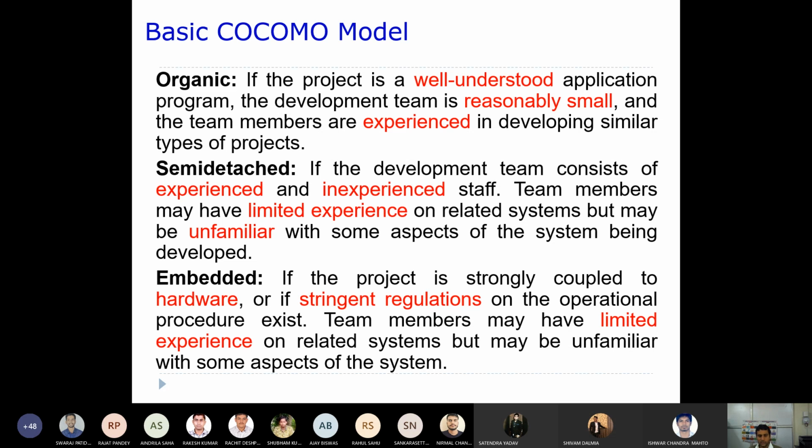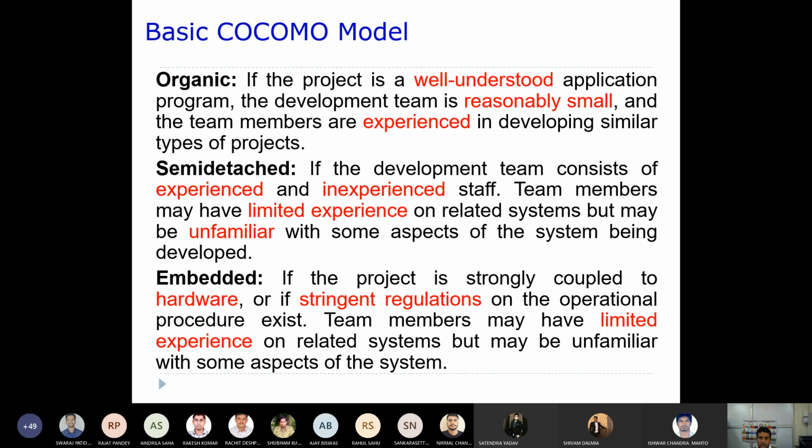Here the team members may have very limited experience, and some may be totally unfamiliar with some aspects of the system. That sort of project is categorized as embedded.